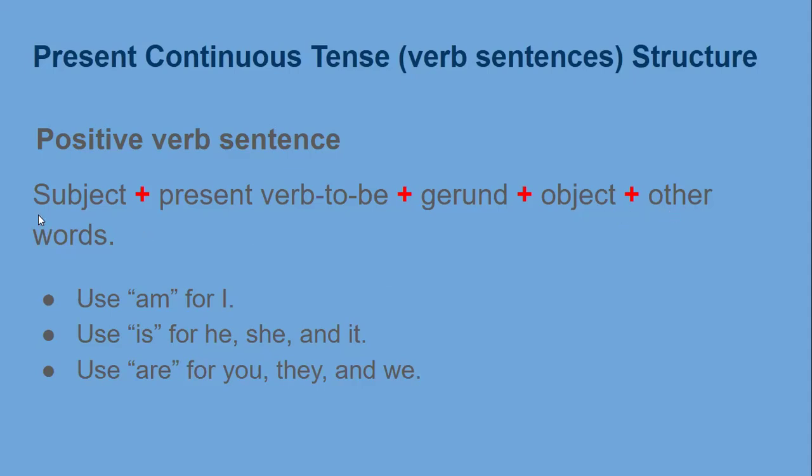Remember the sentence that I said at the beginning of this lesson, right? Where I said, I am, so I, subject, am, verb to be. So I'm using am because the subject is I. Recording, so the infinitive verb is record. But because we need a gerund, a verb that ends with ing, I add the ing at the end of the verb.